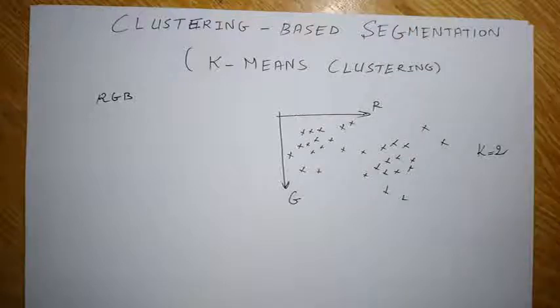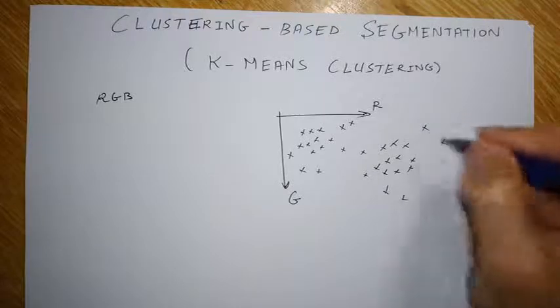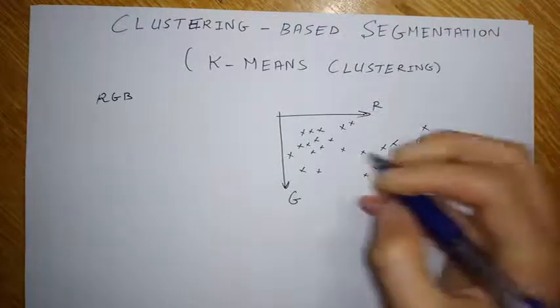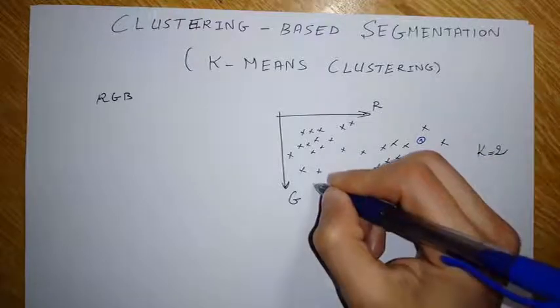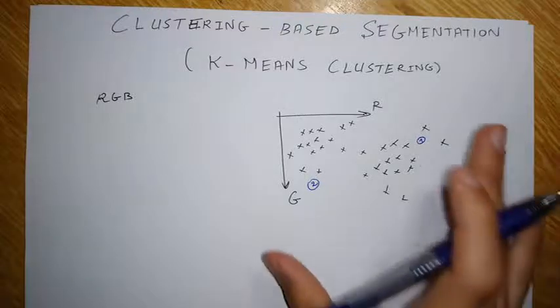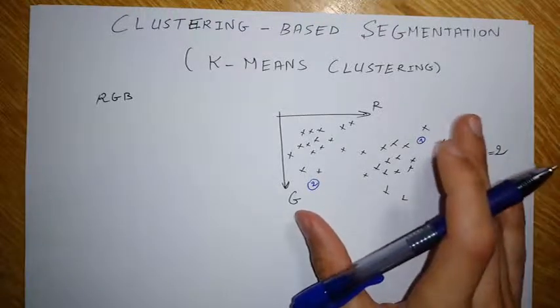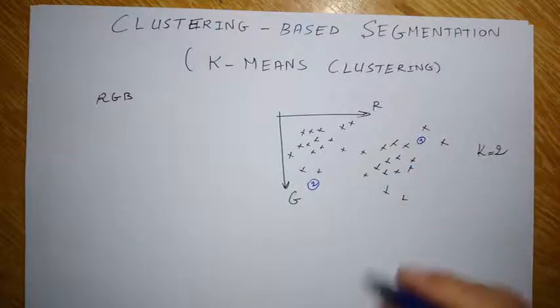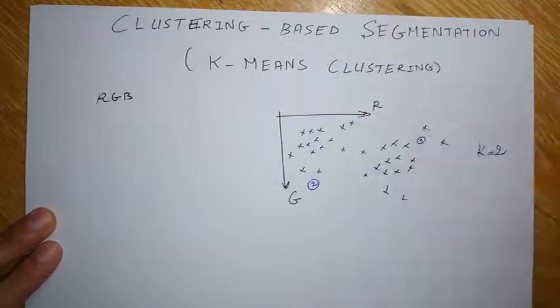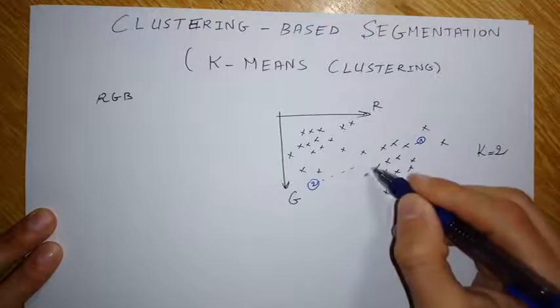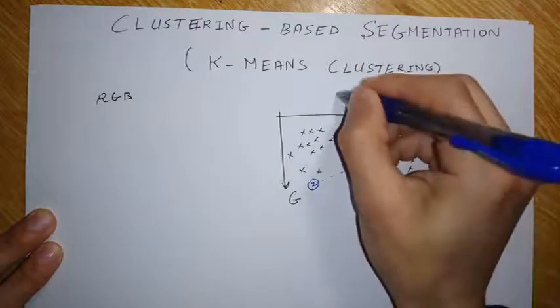Initialize the 2 starting points, for example the first point here and the second point here. Then, based on the position of these points, I split the whole space into 2 by a line, which is normal to the line joining the points and passes through the middle.